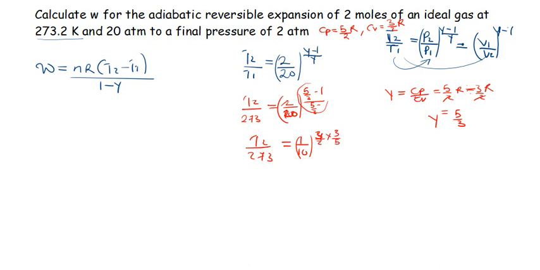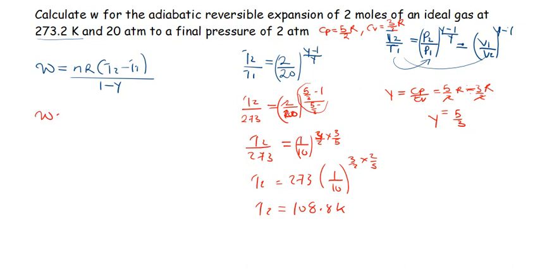So from there, I can say T2 will be given as 273 times (1 over 10) to the power of 3 over 2 times the same 2 over 5, like that. Punching that will give us T2 equal to 108.8 Kelvin. So now it's just a matter of substituting.